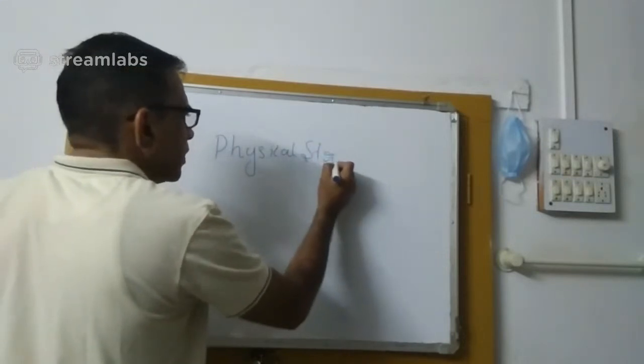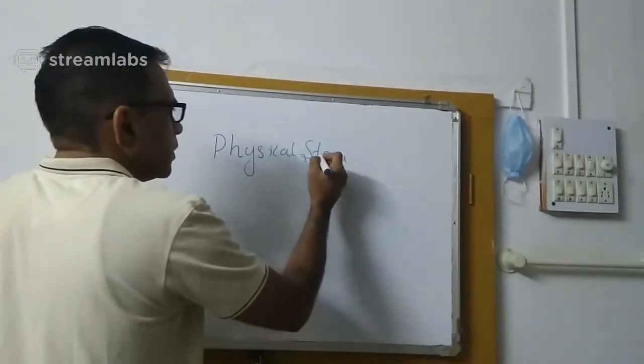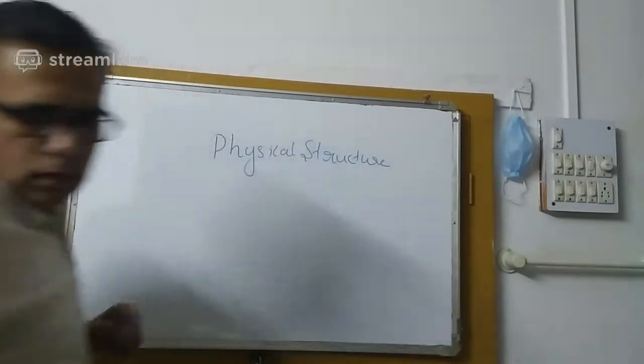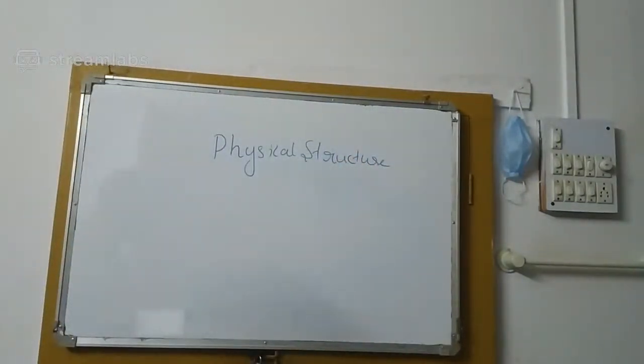These are all things you are already aware of. So the first one is, in this physical structure, the first kind of structure, that is point to point.